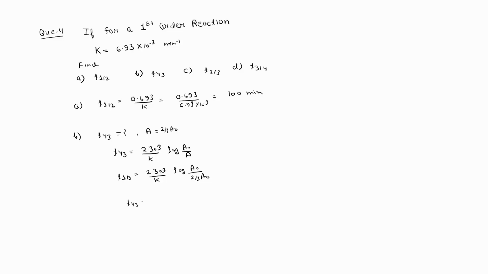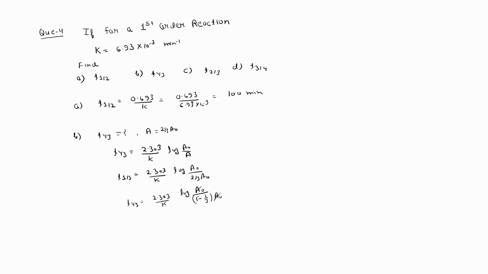So T1 by 3 is equal to 2.303 by K log 3 minus log 2. Or we can say like this, log A naught upon 1 minus 1 by 3 A naught, 1 by 3 A naught.